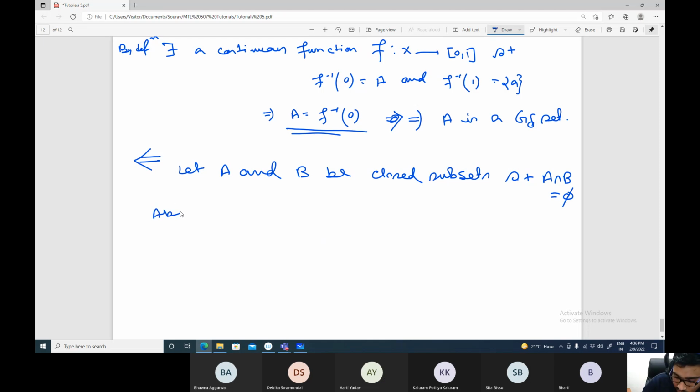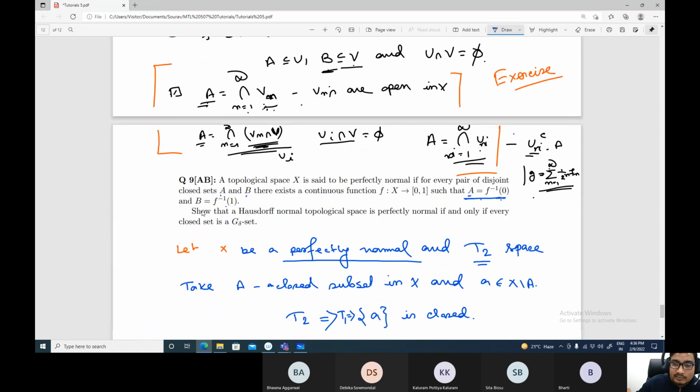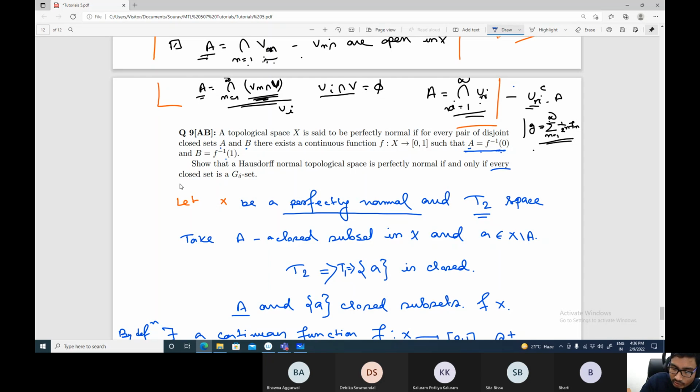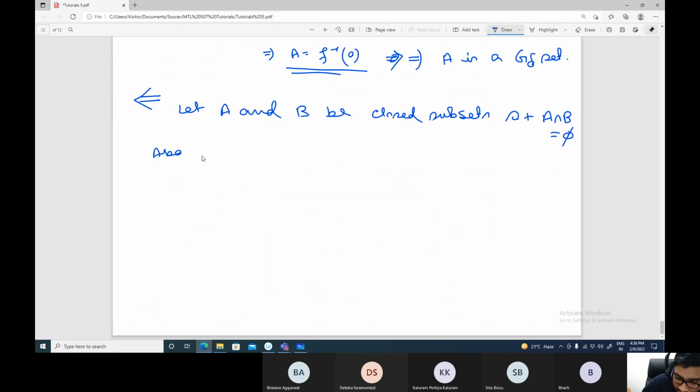And we assume that A and B are G delta sets, because every closed set is a G delta set.